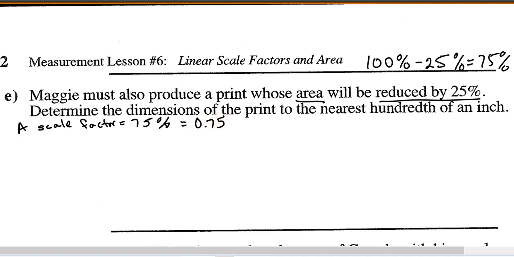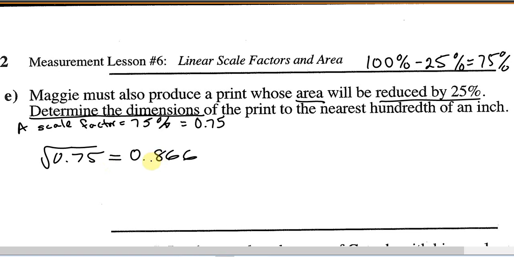or 0.75. Okay. We're going to take this scale factor and convert it to a linear scale factor so that we can determine the dimensions. So the square root of 0.75 is equal to 0.866.